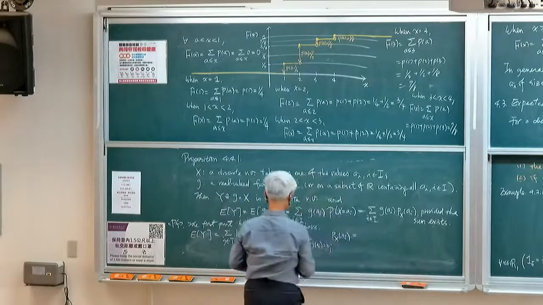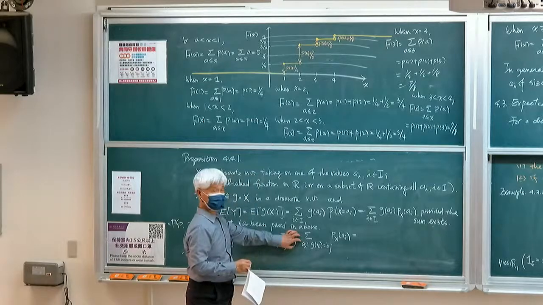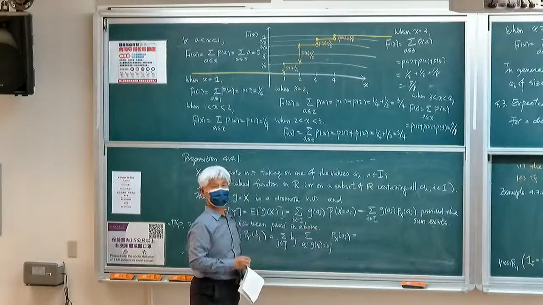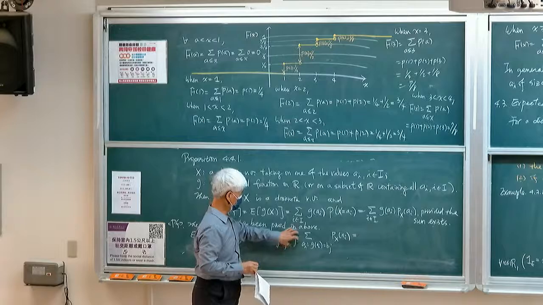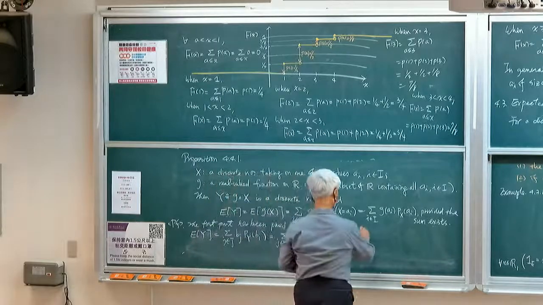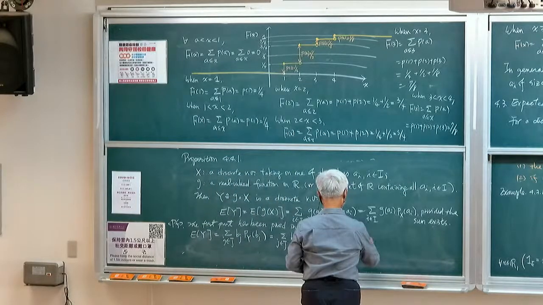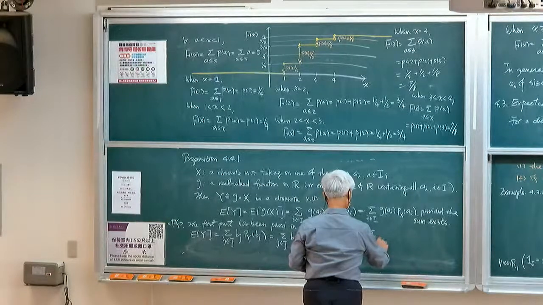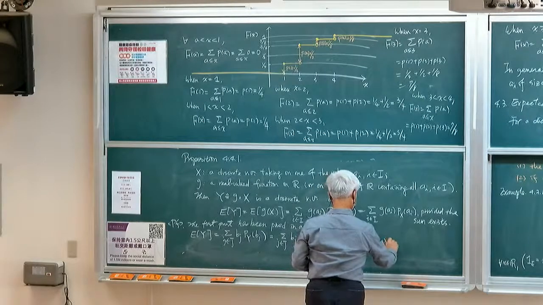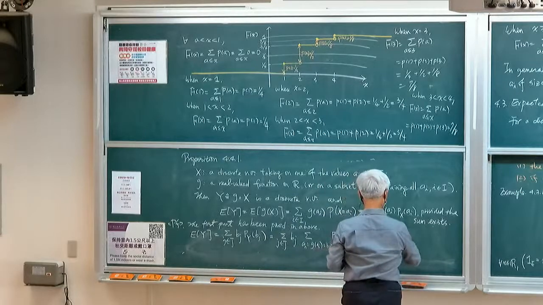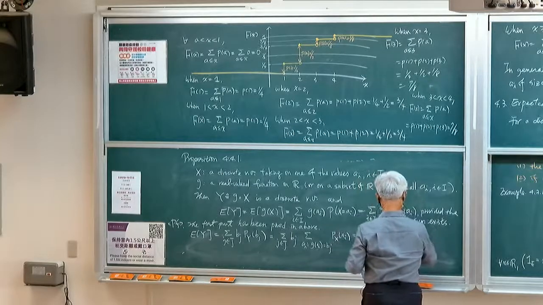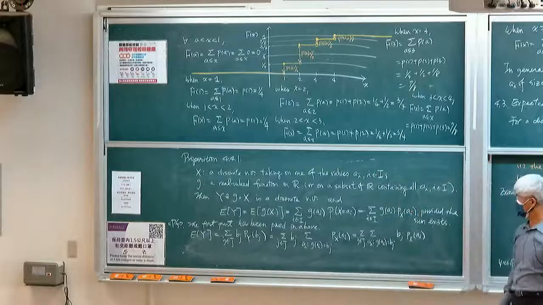Now you move Bj to the right, so you have a double sum, and you have Bj and P X AI here.